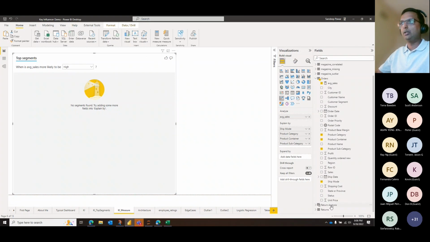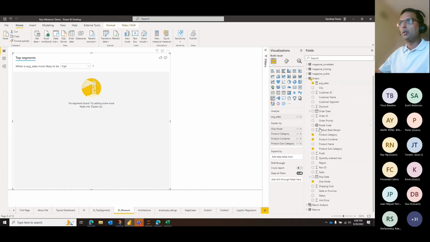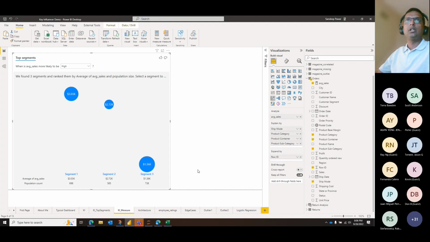If you do not, then you will have to create an index, which is what I did in Power Query. If we go to row ID and drop it into explain by, it will break that aggregation and then work on the data.